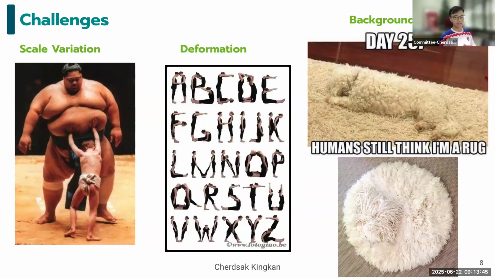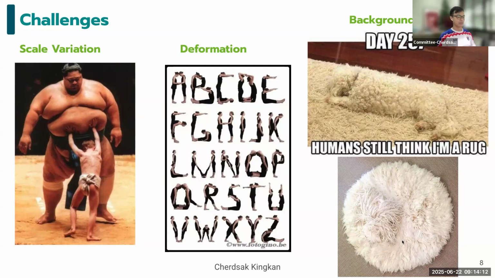These are the challenges that we will face if we are working in the computer vision area, and then we have to somehow solve this problem. For example, in this background clutter image, as a human, we sometimes wouldn't be able to detect an object within this image, right?